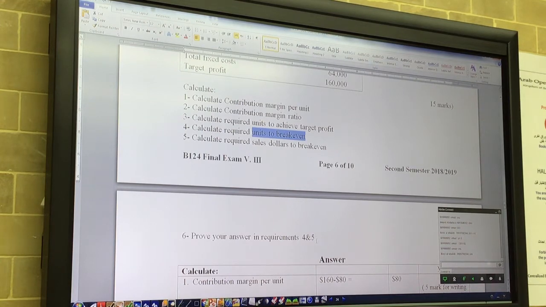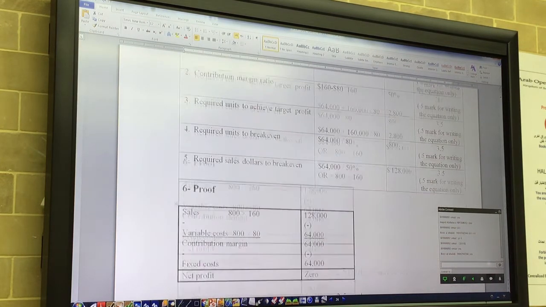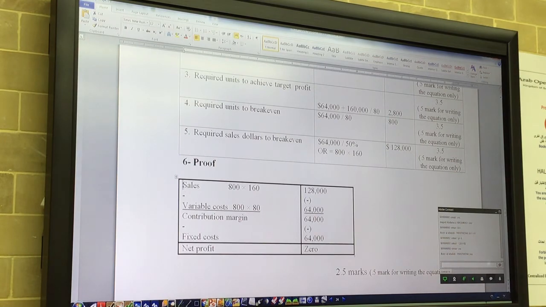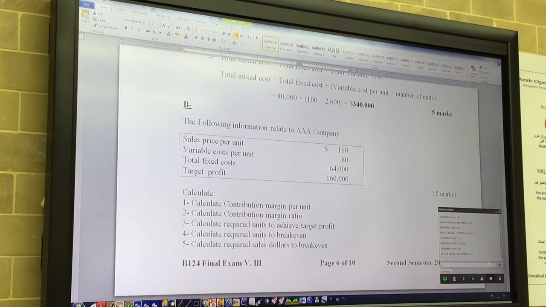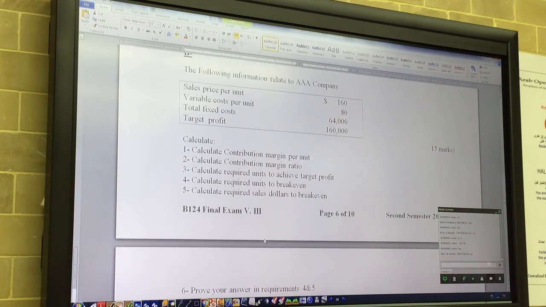When he asks you to prove your answers or prepare a contribution margin income statement, you will find the net income.